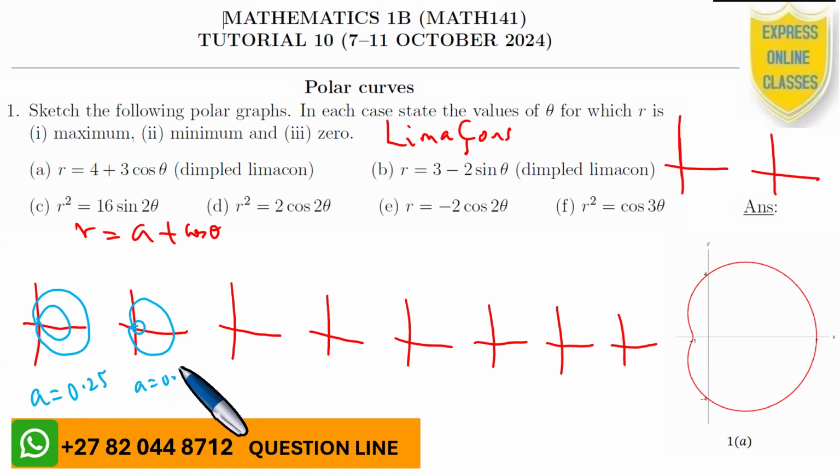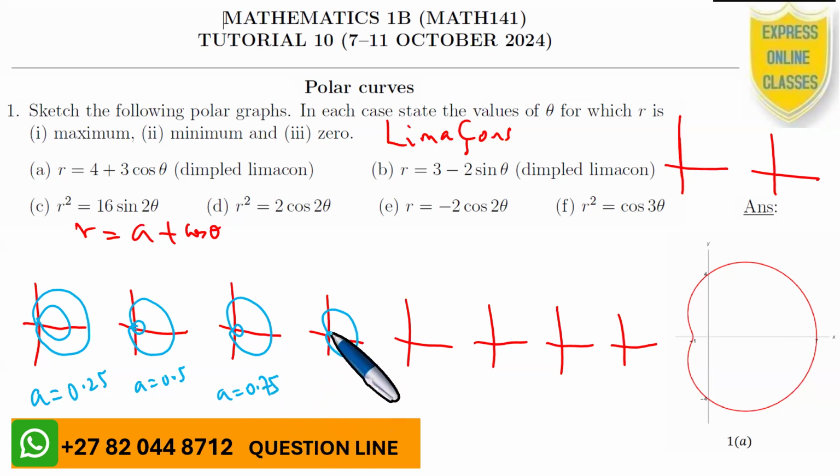When A is 0.5, you have this one. Then when A is 0.75, this small one.